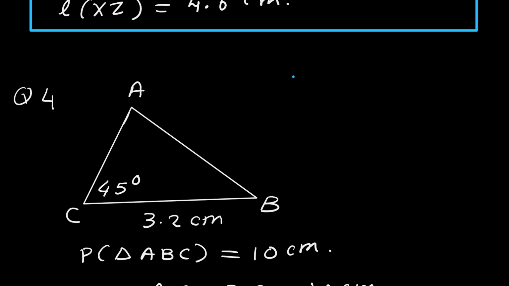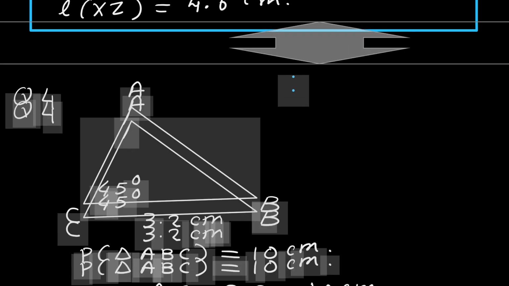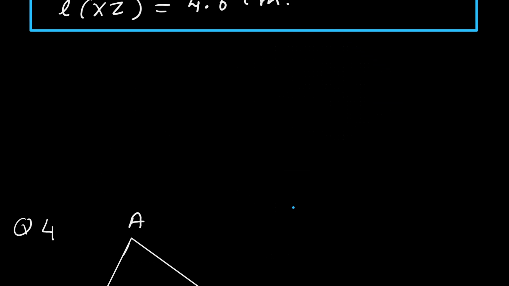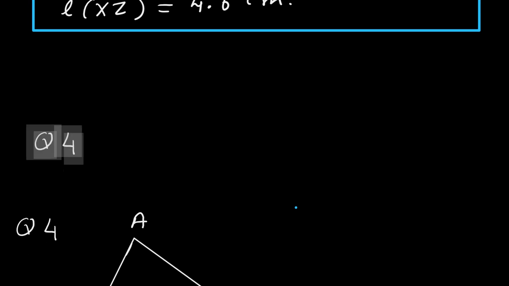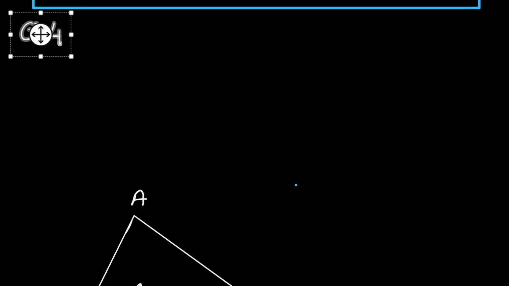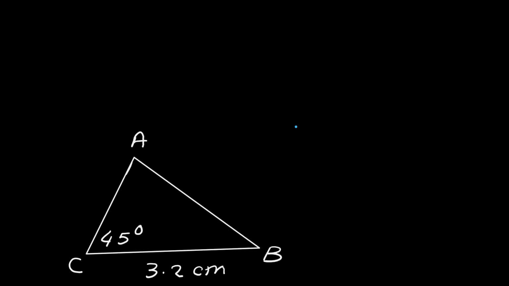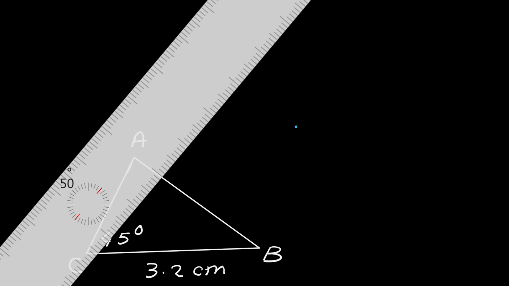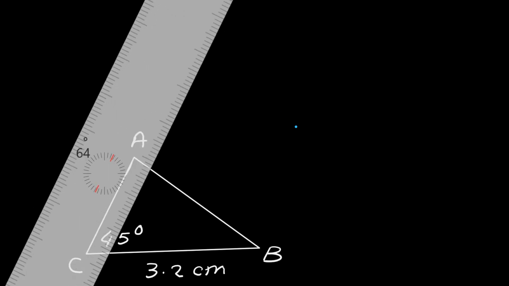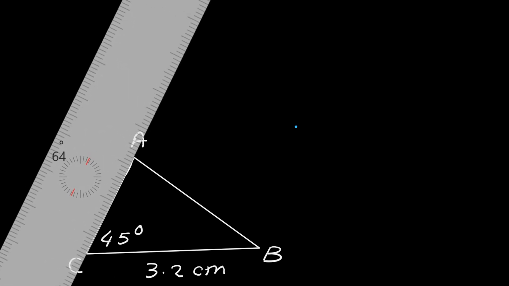Now analytical figure. What to do? Step 1 in analytical figure. Draw segment CB with length 3.2 centimeters. Analytical figure.